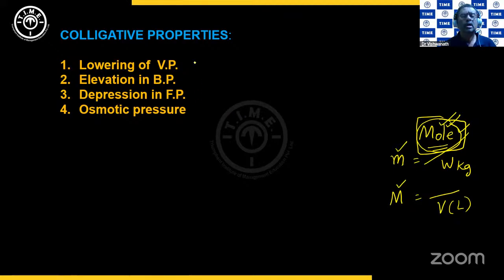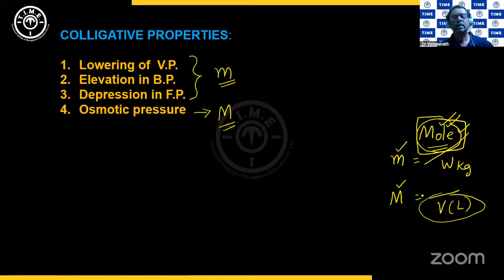For lowering of vapor pressure, elevation of boiling point, and depression of freezing point, the equation employs molality, whereas for osmotic pressure, it is molarity. That's a small change. The first three depend on the molality of the solution, which is the number of moles of solute per kg of solvent, and osmotic pressure is the number of moles of solute in 1 liter of the solution. Clear? So we'll take up each one.